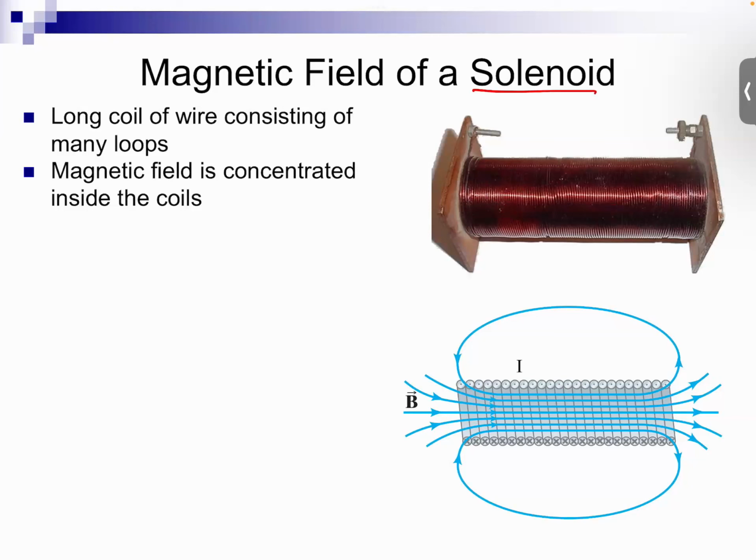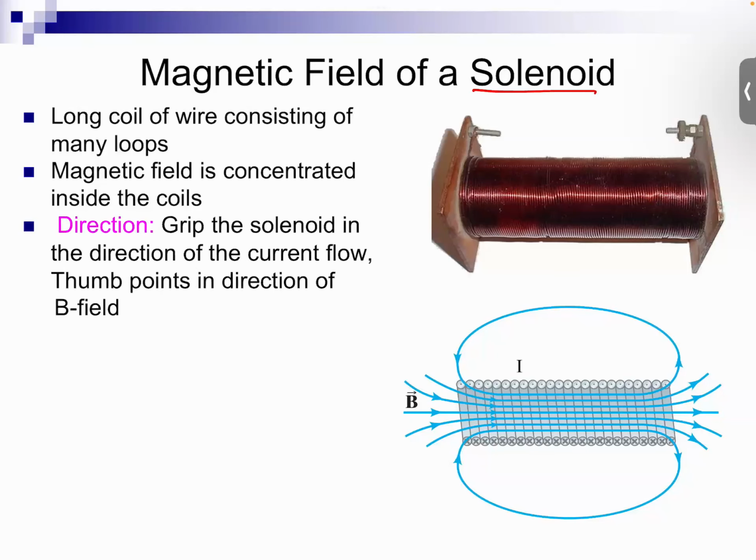So a solenoid is essentially just loops of wire that are coiled very close to each other so that there is negligible space between them, so that the magnetic field is confined inside that solenoid. As you can see here, the magnetic field is mostly confined inside the solenoid.